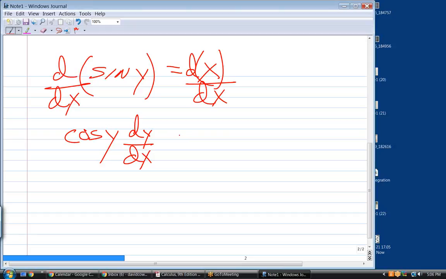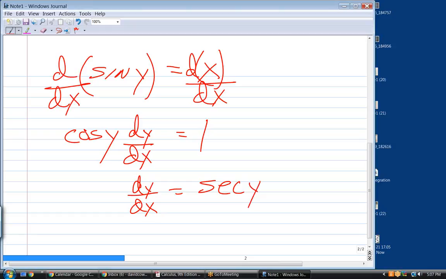When I do the right side, that's x, so the derivative is 1, and I don't have to follow it with a dy dx or a dx dx. That's really the only rule you have to memorize. So in this case, dy dx is 1 divided by cosine y, or you could say dy dx is secant of y.